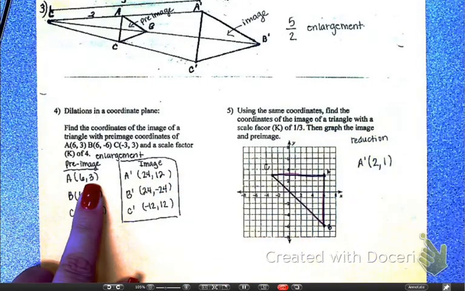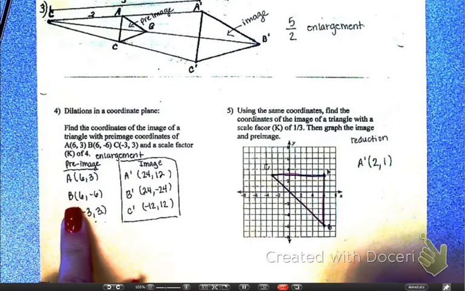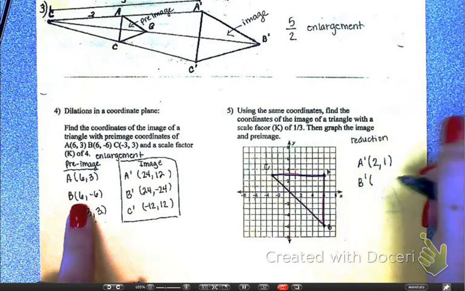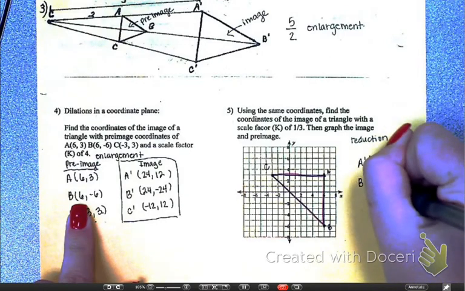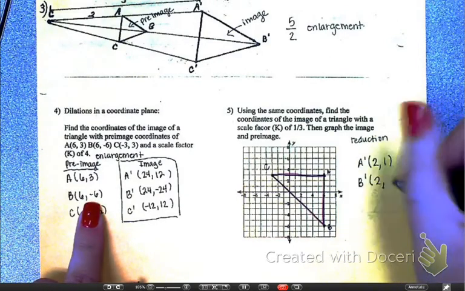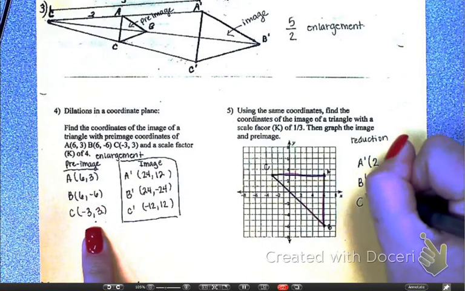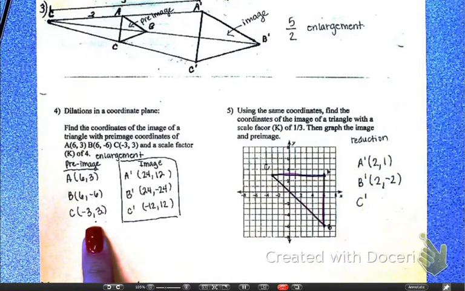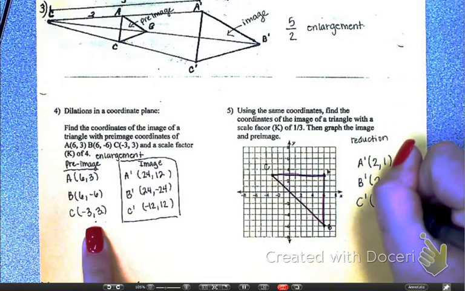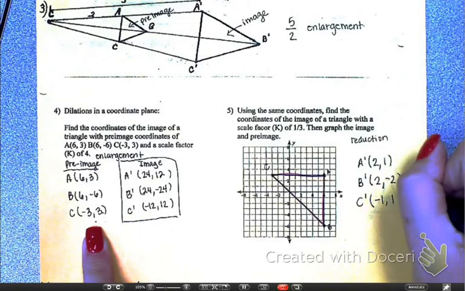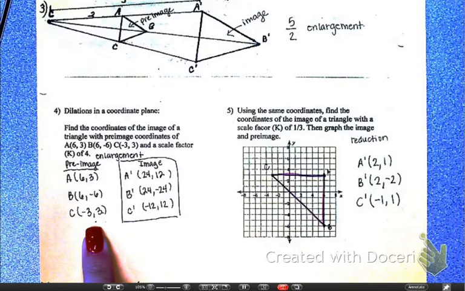So my A prime is at 2, 1. Do the same thing for B. 6 divided by 3 is 2. Negative 6 divided by 3 is negative 2. And C, negative 3 divided by 3 is negative 1. 3 divided by 3 is positive 1.